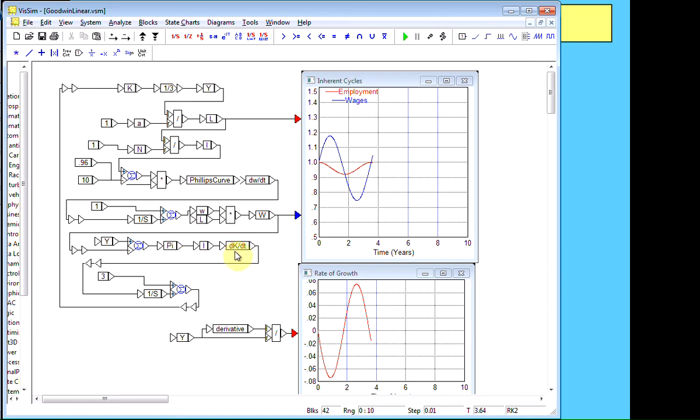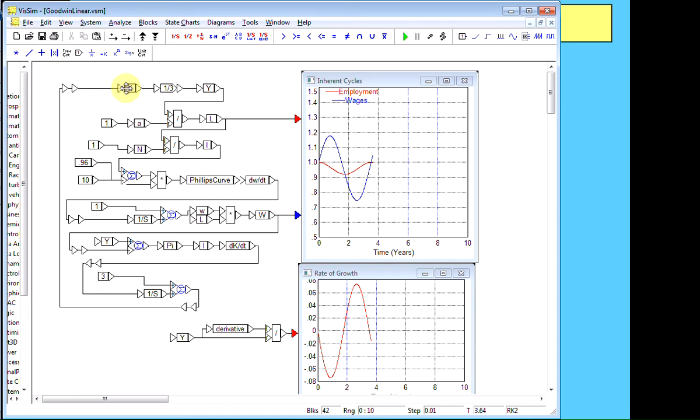So if you integrate investment, you get the rate of change of the capital stock. Investment is the rate of change of capital stock. You integrate that and add it to the initial level of capital, and you work out what the capital stock is. So you've actually got a circular causal flow there. And this is a typical dynamic model. You have to have rates of change turning up in it. That's the basic mechanism.